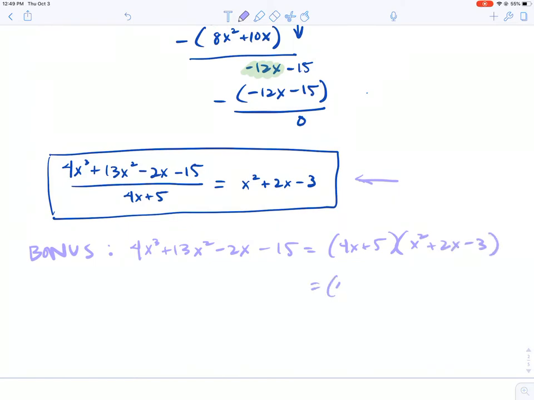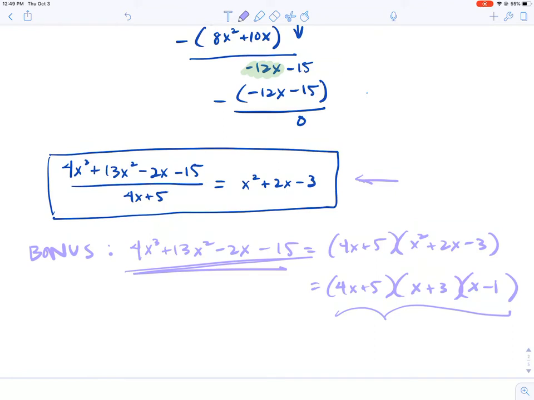Which we could even go one step further and think about factoring x squared plus 2x minus 3. Okay, so then now we have factored this yucky looking polynomial into, as far as we can, linear factors.